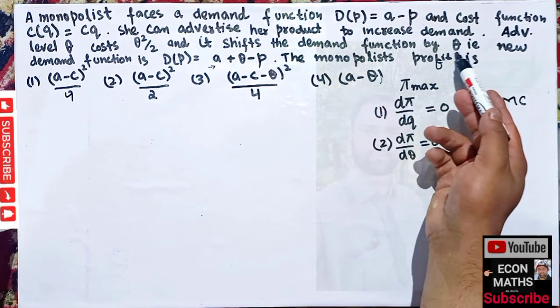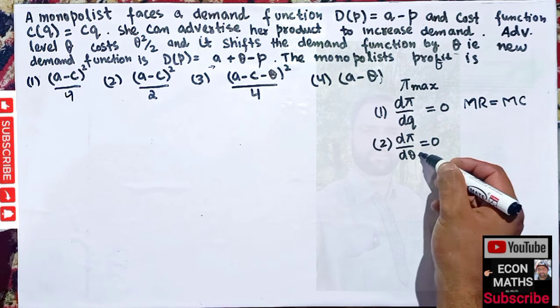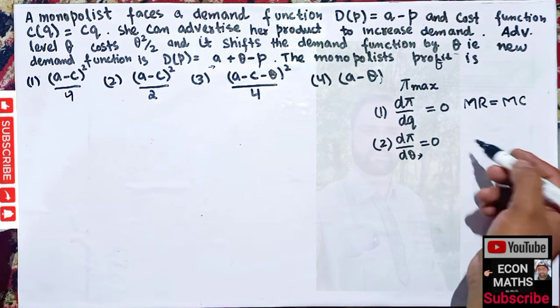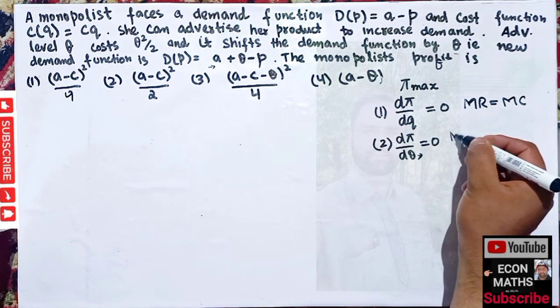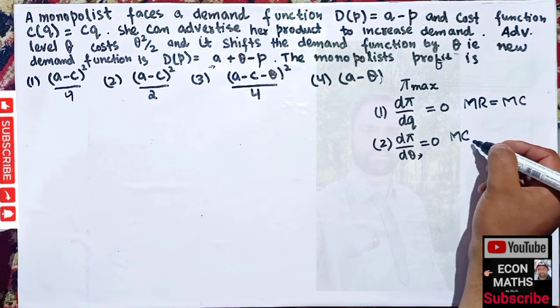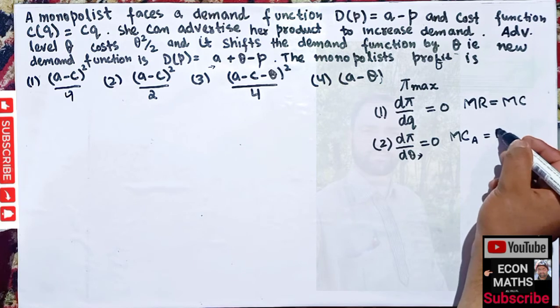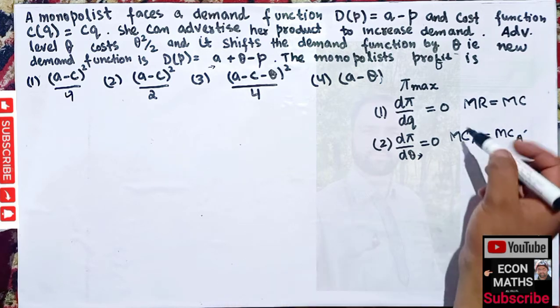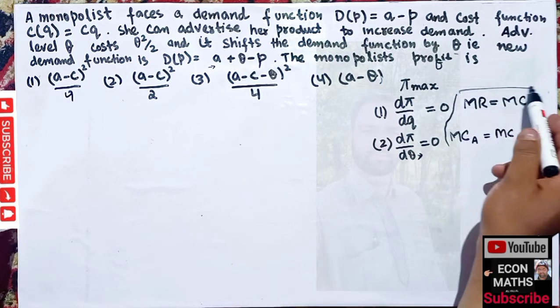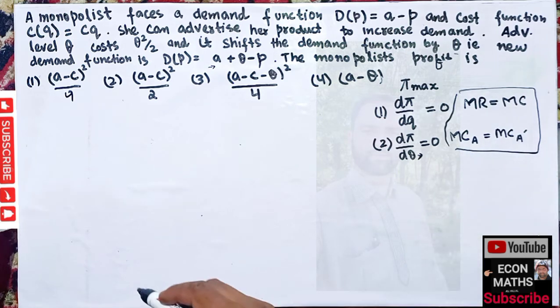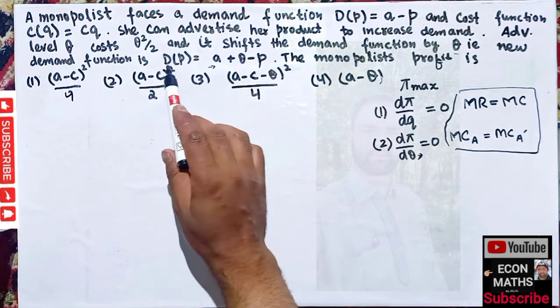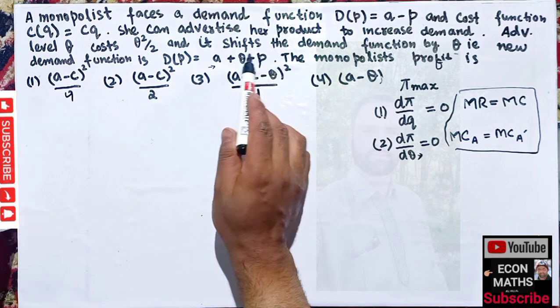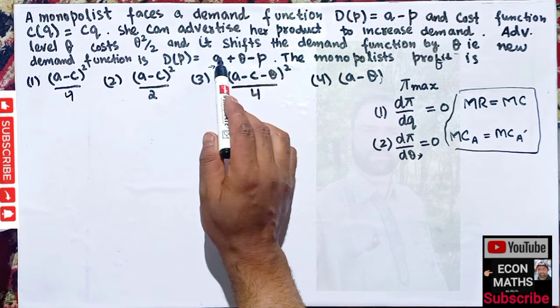So here it is related to the advertisement, and here it simply says that our marginal benefit with advertisement should be equal to marginal cost of advertisement. Okay, so these are the two first order conditions which must be satisfied. So we are interested in this new demand function then.